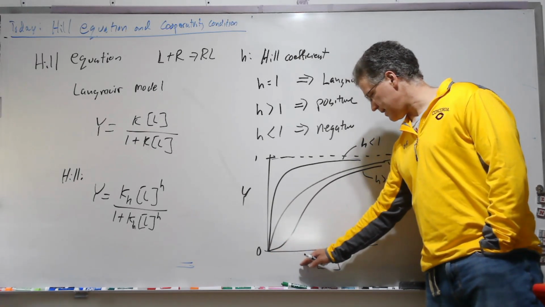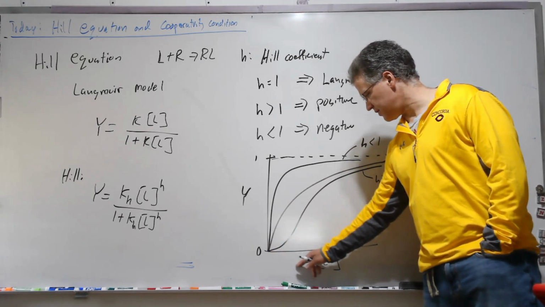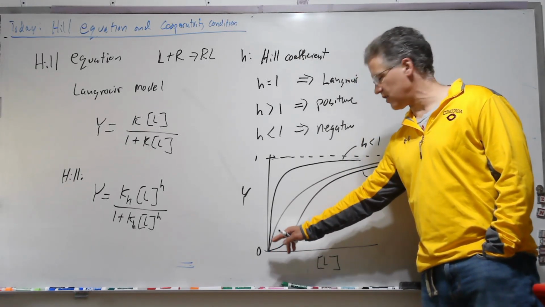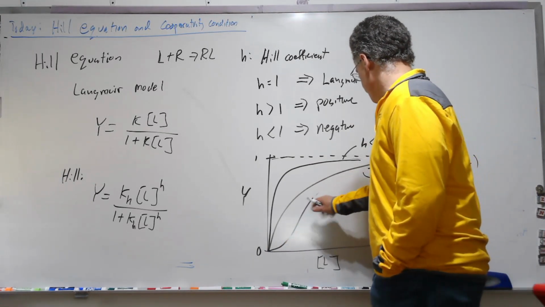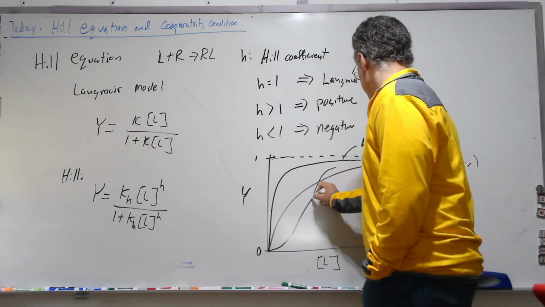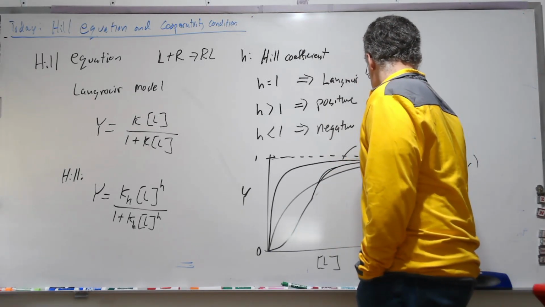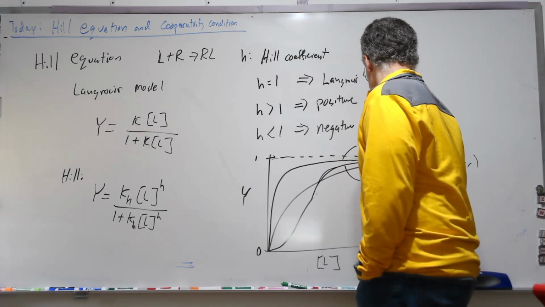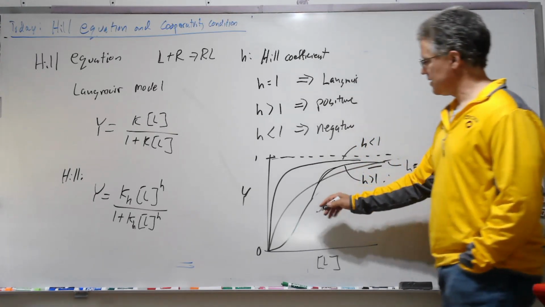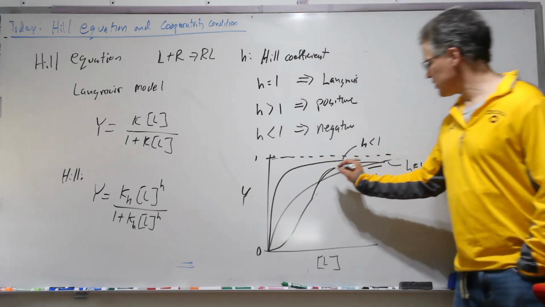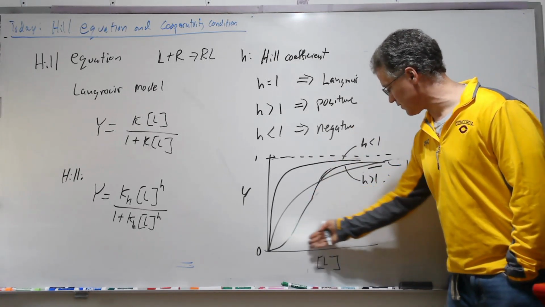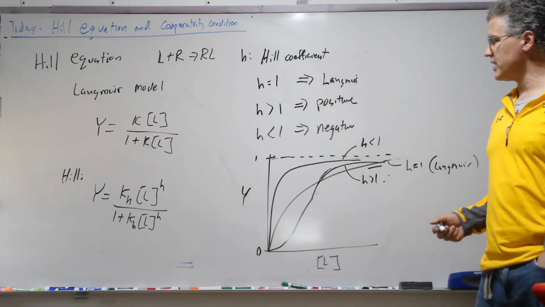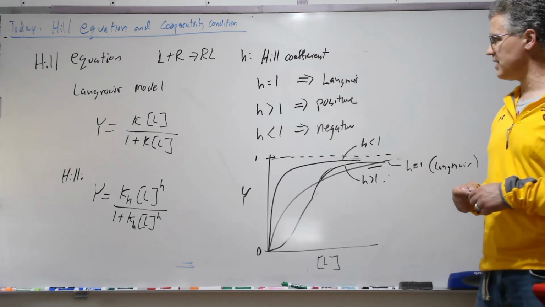So we can see that at low concentrations, it's hard to bind. And then once we start binding, it's easier and easier to bind. So over a smaller range of concentration, we get a large rise in the fraction of binding channels.